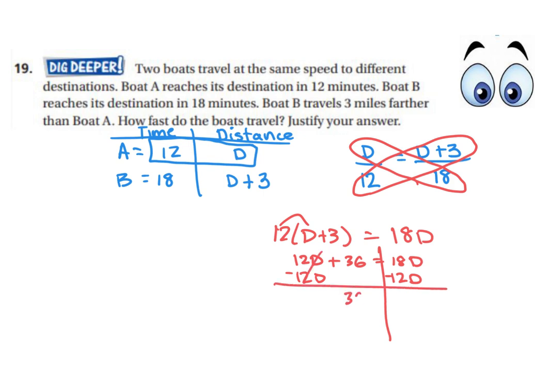And we get 36 equals 6D. And then we're going to divide by 6. And we get D equals 6. So the distance is 6. So D plus 3 would be 9.